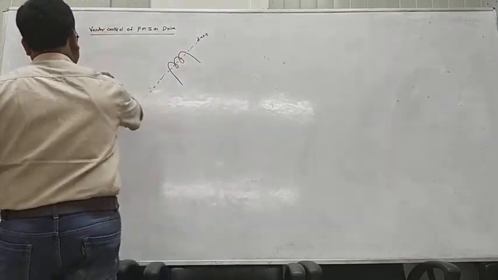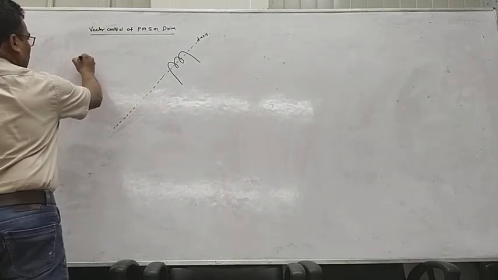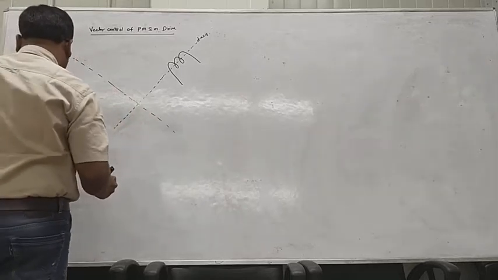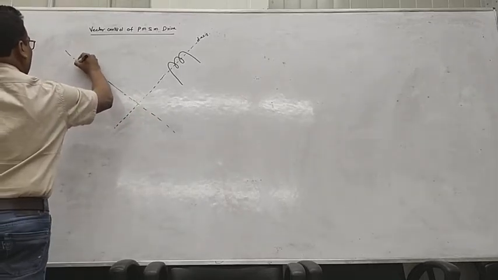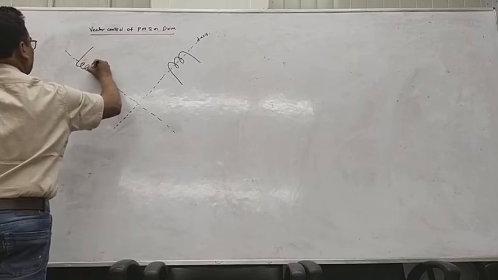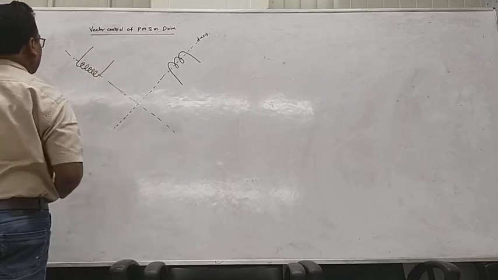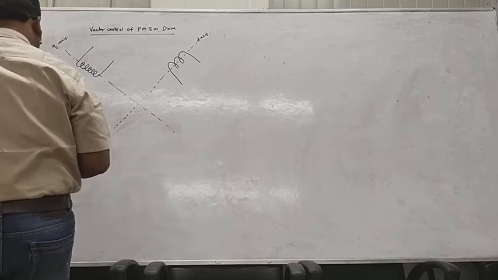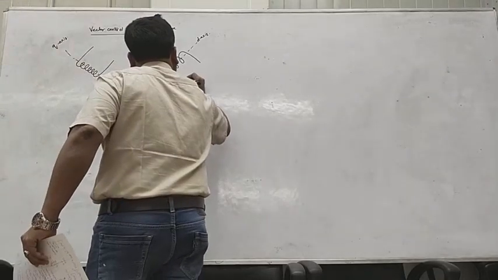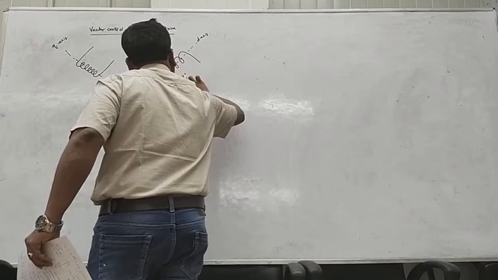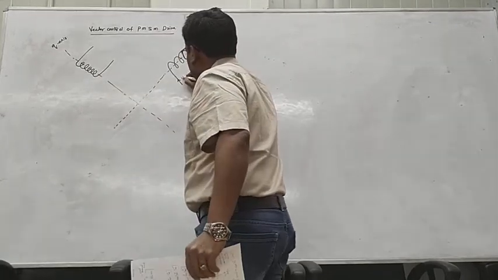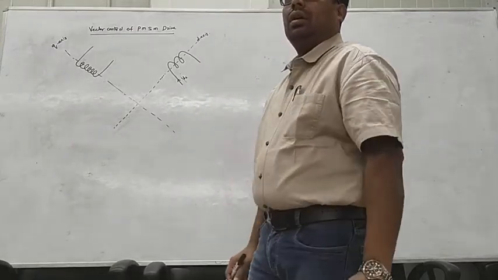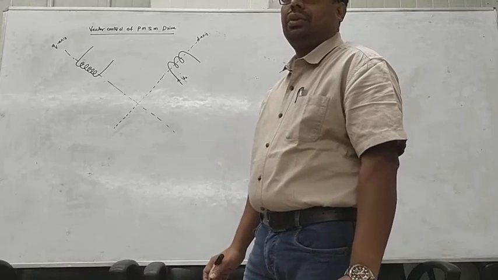And here the quadrature axis exists, exactly perpendicular to it, at right angles to each other. This is the Q axis. And here this is IDS. This vector control is referred to the rotating reference frame.